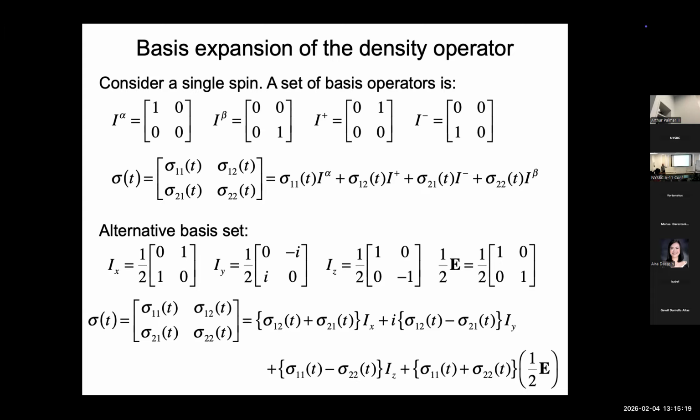And +1/2 we associate with the alpha state, -1/2 with the beta state. We'll associate that operator with the fact we created some coherence between those two levels in the phase sense of going from beta to alpha. And I minus would be a coherence in the opposite sense, going from alpha to beta, because then we've gone from plus a half to minus half.